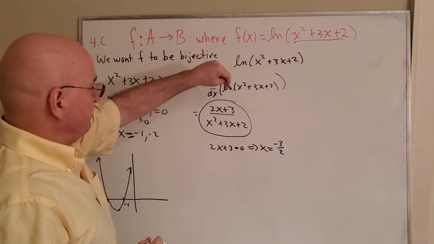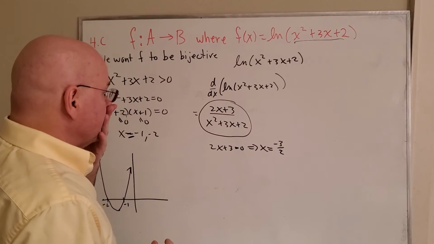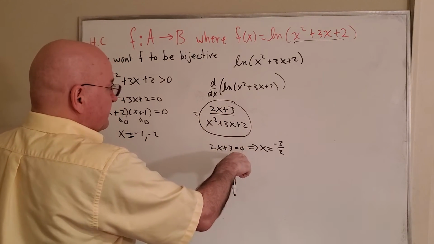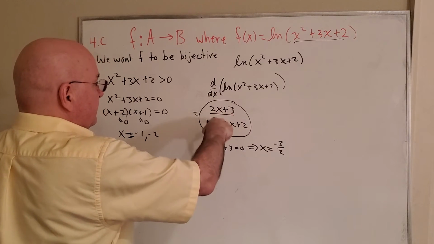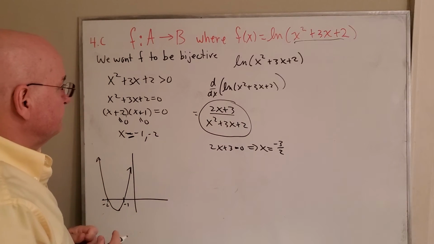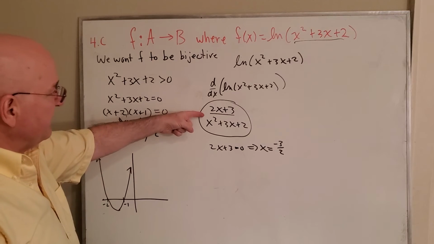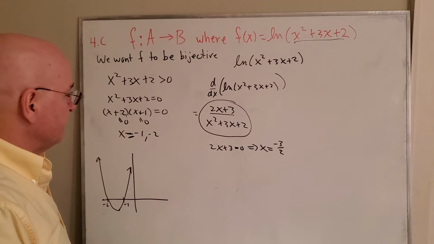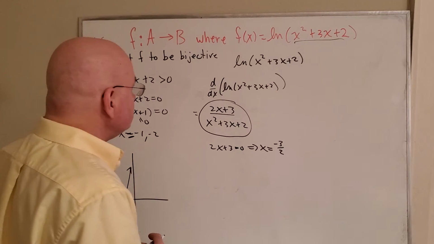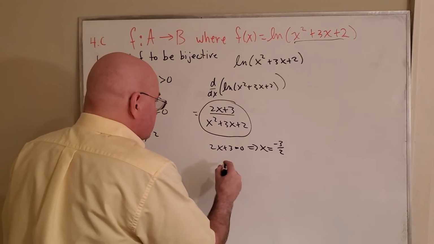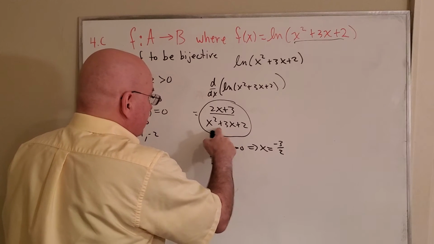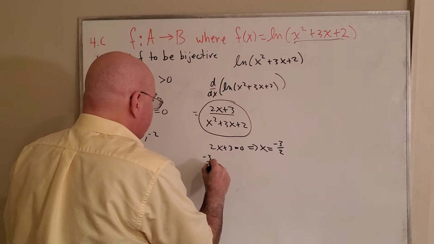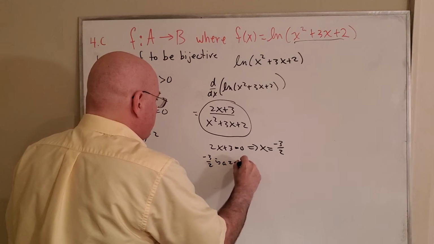So if you plug in x equal negative 3 over 2, you're going to get 0 here. And remember what that is. That's the slope of our function. It would be flat at that point. Okay, so where is it undefined? So let me just write negative 3 over 2 is a 0.